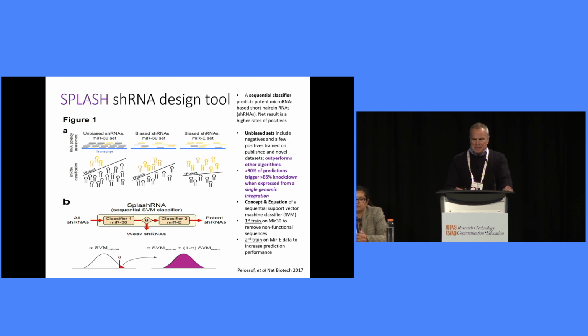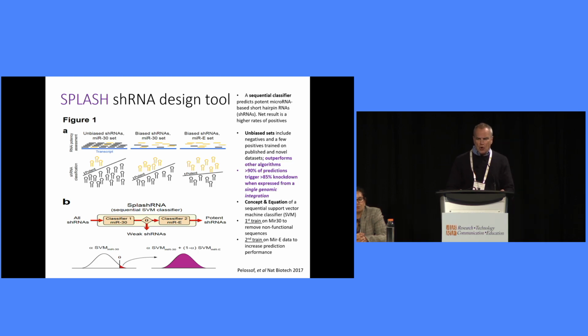So if you look in the middle here, the text says, outperforms other algorithms. 90% of the predictions trigger 85% knockdown. So we really are close. Even though Fire and Mello won the Nobel Prize 25 years ago for the discovery of RNAi, people have not stopped improving the technology. And today, even if you think about it, with CRISPR, some of those knockouts, those indels will be in frame and you'll get a very small effect.